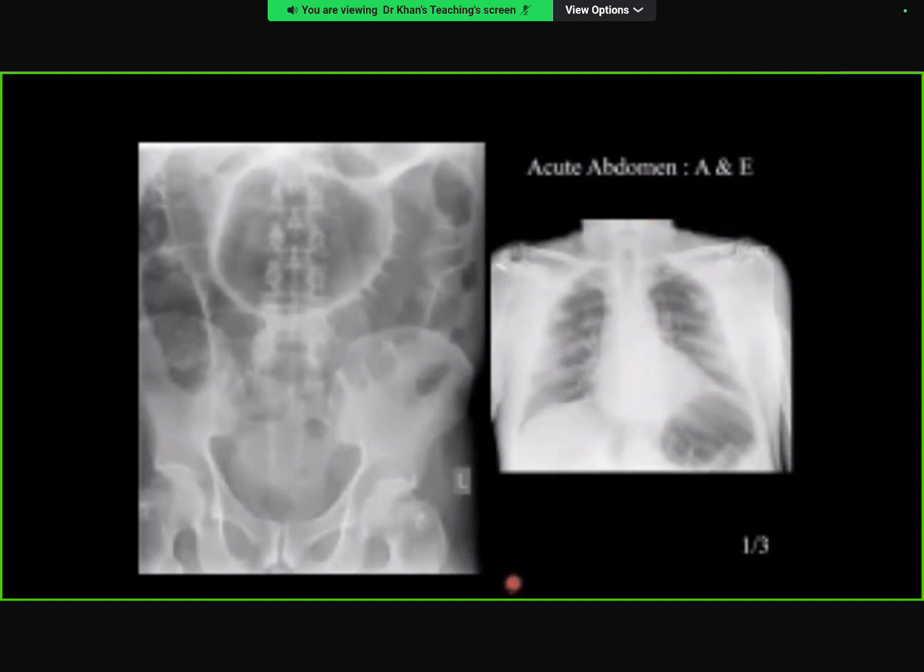Over to you. Okay. So it's a frontal chest radiograph as well as an abdominal radiograph, which is demonstrating there's no free air under the diaphragm on this abdo X-ray, AP erect.